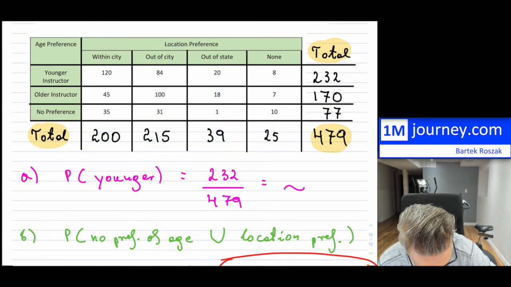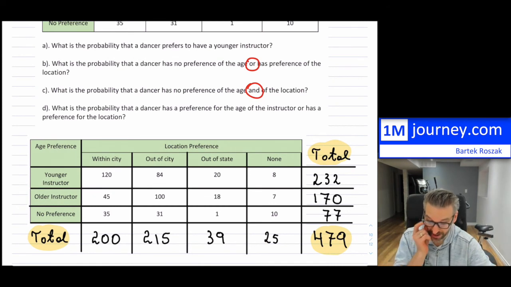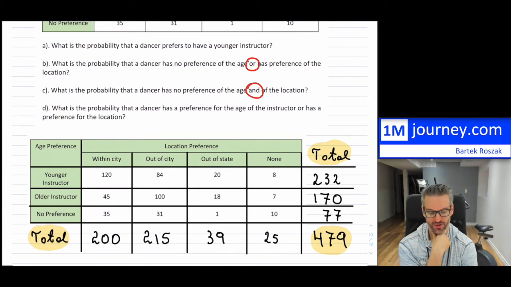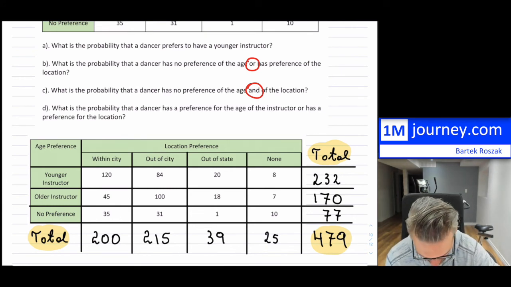And let's finalize. Okay, part D. What is the probability that a dancer has a preference for the age of the instructor or has a preference for the location? Now notice "or" has a preference for the location.